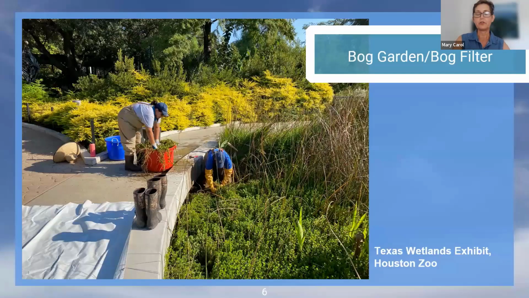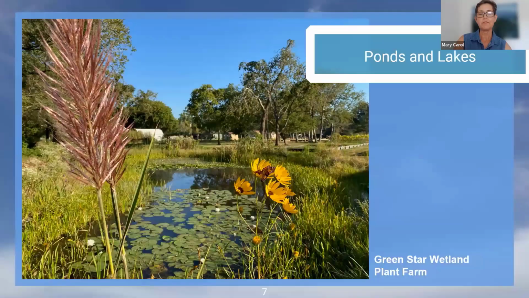Bog gardens, or bog filters, are using the capacity of wetland plants to take up nutrients. So the water flowing through them is much cleaner. This is here at the Houston Zoo. Staff working to collect plants and thin our plantings. Ponds and lakes. Adding wetland plants to ponds and lakes provides fish habitat, microinvertebrate habitat, beauty, many benefits.